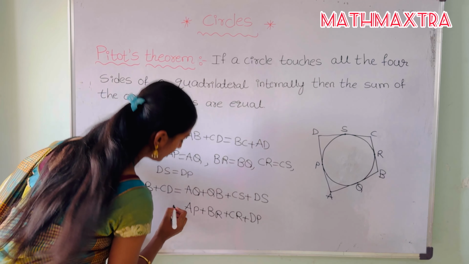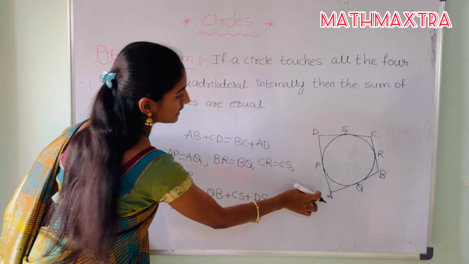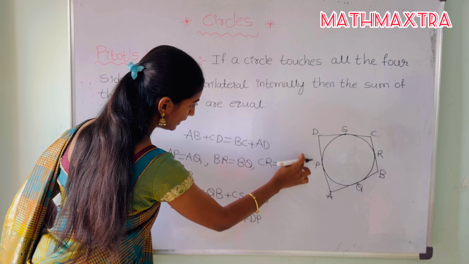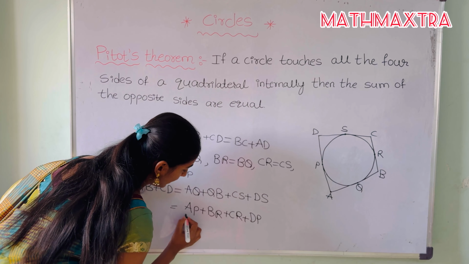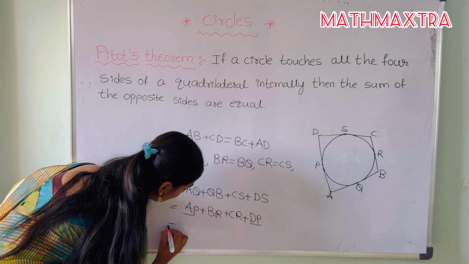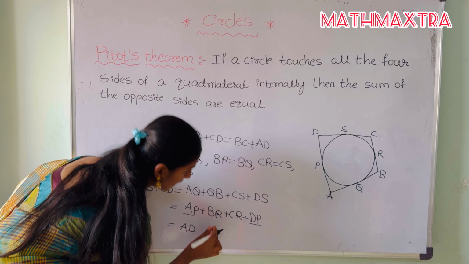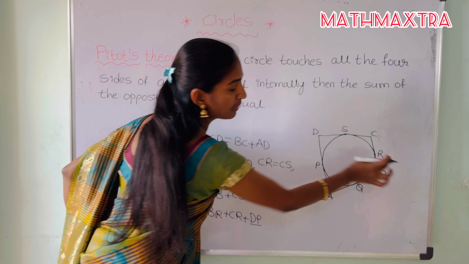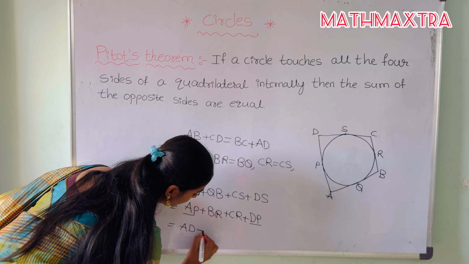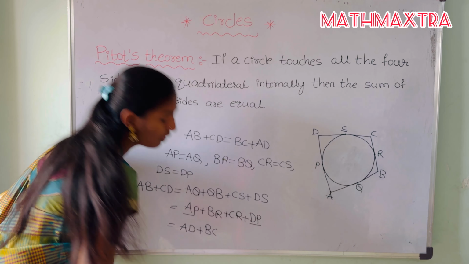Now see AP and DP. AP and DP together is nothing but AD, right? And BR and CR together is nothing but BC. So what did we get?